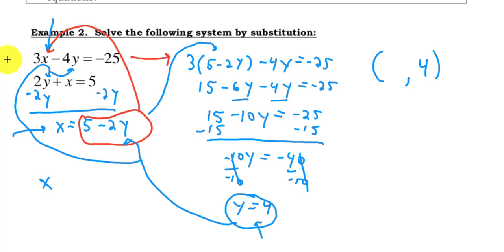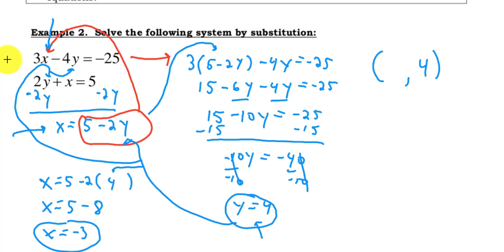So x equals 5 minus 2 times, since we know y is equal to 4, just drop your 4 in here. So you get x equals 5 minus 8, x equals negative 3. So the ordered pair would be negative 3, comma 4.